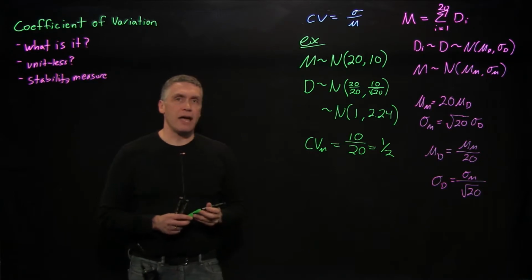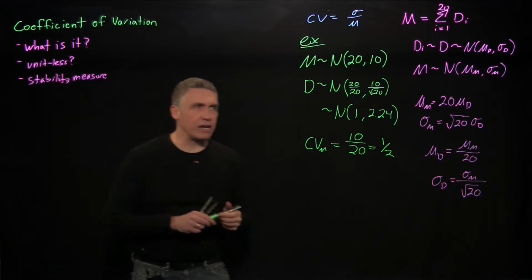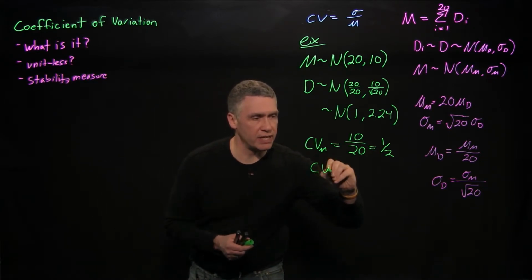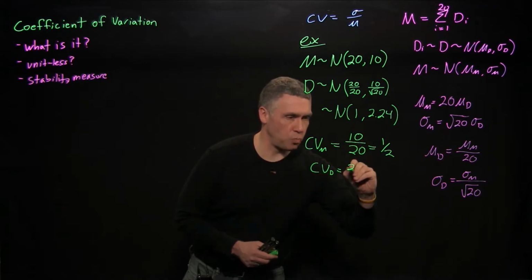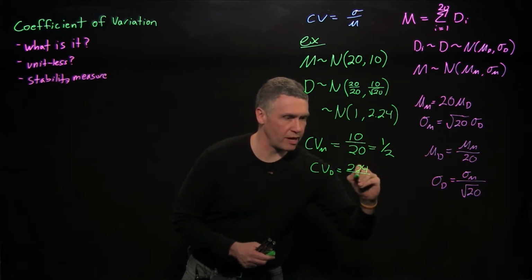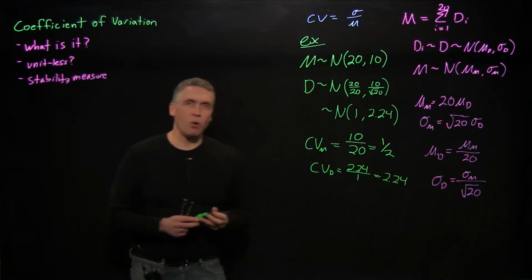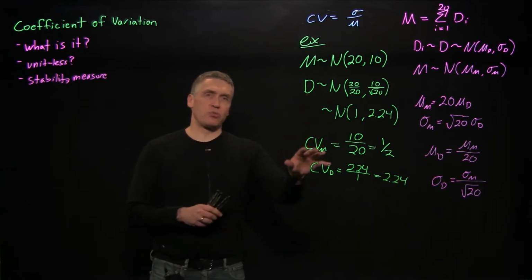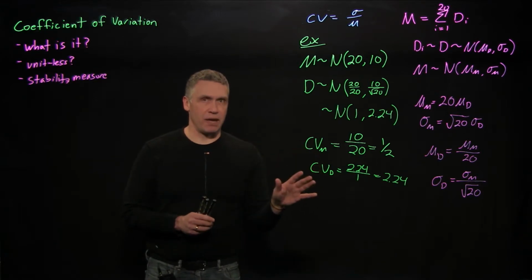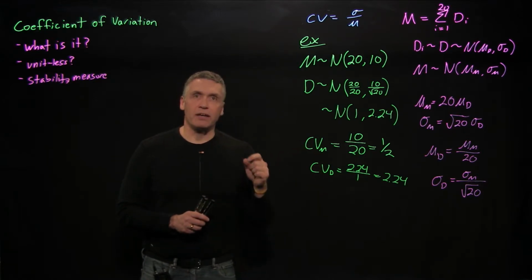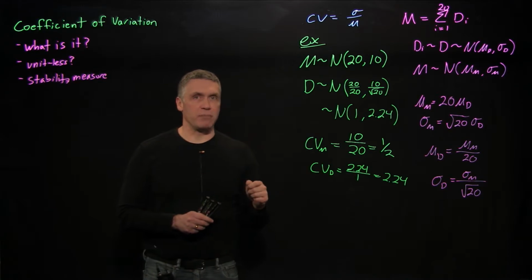If we do the same thing for the daily random variable, its CV is 2.24 divided by 1, or 2.24. What we see now is that the CV for the daily demand is different from the CV for the monthly demand.